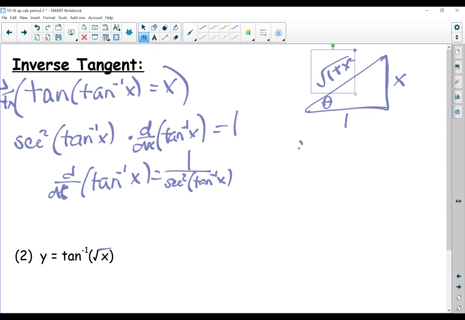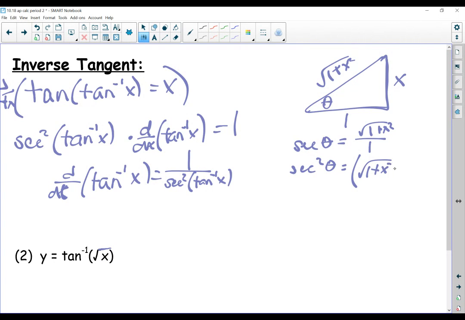And so my secant of theta would be hypotenuse over adjacent. And then if I want to go ahead and square that, the square root of 1 plus x squared squared is just the 1 plus x squared.